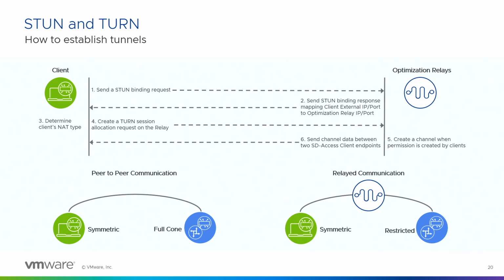Those optimization relays, like what Sue was saying about end-to-end encryption, do not decrypt the traffic. They're just used as a relay to help facilitate communication should we not have an available direct path. And so we go ahead and preemptively establish a session. That way, should we need to do some facilitation like at the bottom right there, between a symmetric and a restricted, we have that available.